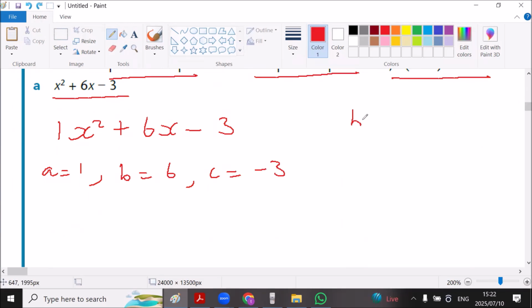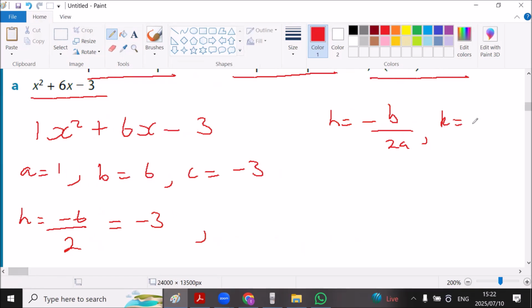Now we know h is equal to minus b over 2a. So our h here is minus 6 over 2 times 1, which is 2. Minus 6 over 2 is equal to minus 3. And k is equal to c minus b squared over 4a.